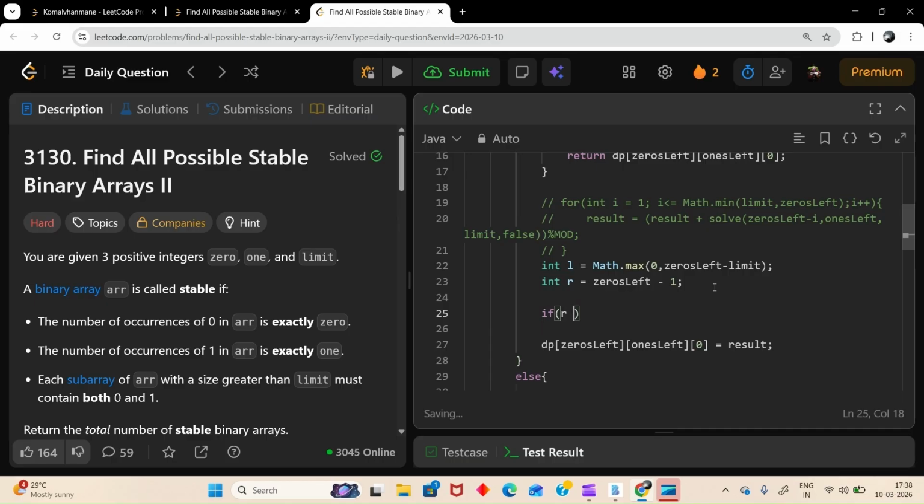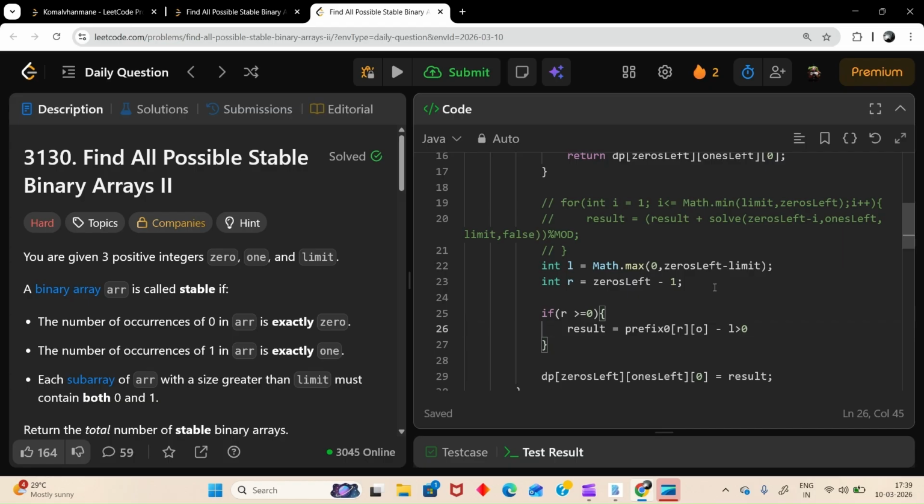If my r is greater than or equal to 0, then only we are going to do this. My result will be prefix of 0 of zeros, from right to left. So r, this will be o minus prefix. Here we have to check if my L is greater than 0.